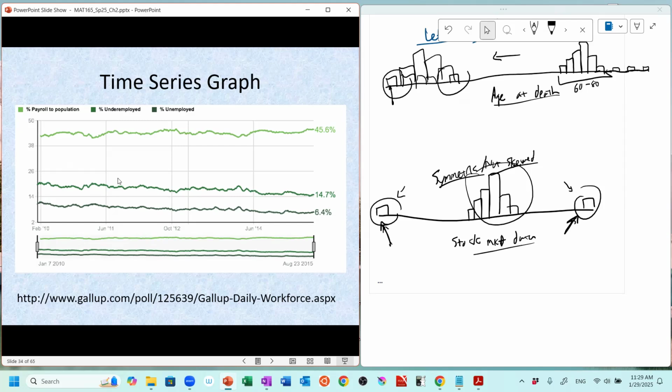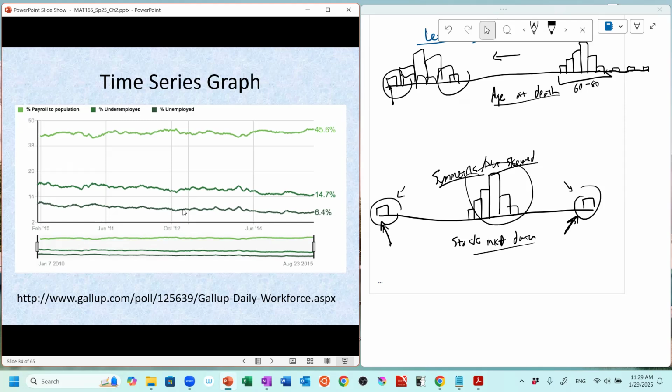It doesn't look very visually stunning, but if we look carefully at this 14 line here, the graph above it is getting closer to it, it's coming down, and the graph below it is getting a little further away from it over time, it's going down as well. So over this time period, it seems like unemployment and underemployment were decreasing, not very rapidly, but a little bit at a time.